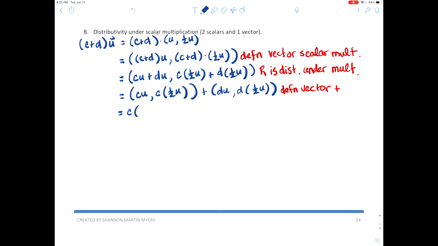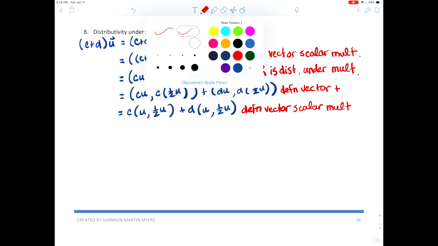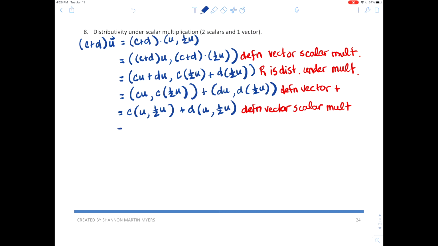So this will be C times U, comma, 1/2 U, plus D times U, comma, 1/2 U. All right, now last step is we'll get C times the vector U plus D times the vector U, which is what we needed to show.